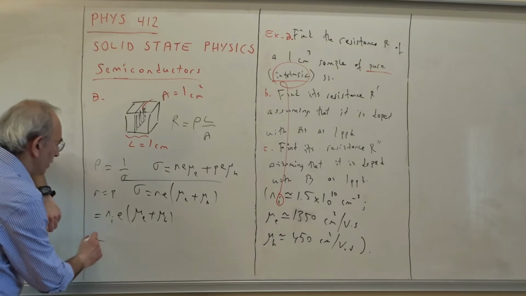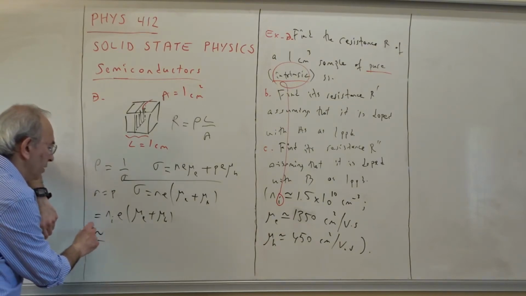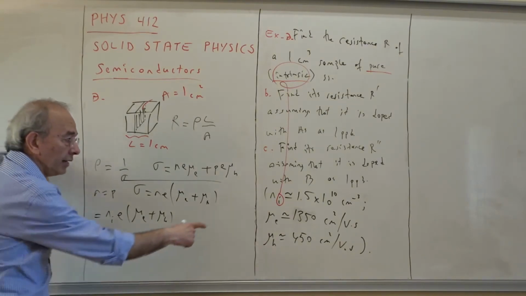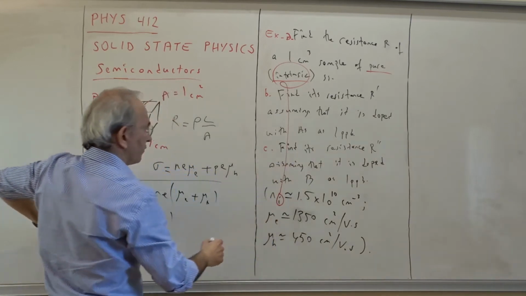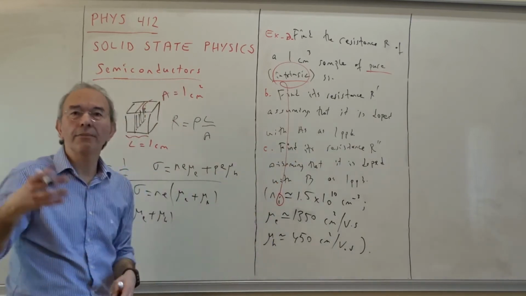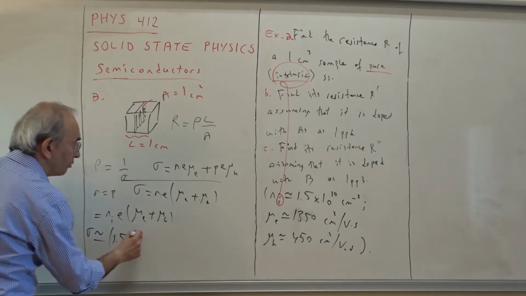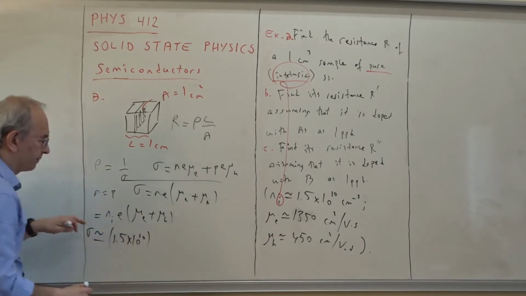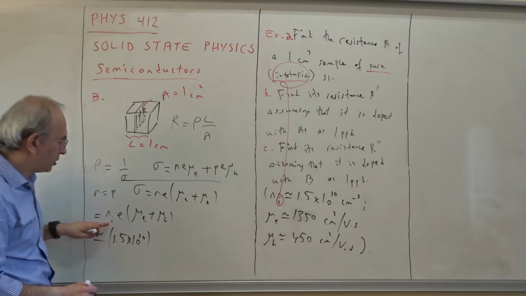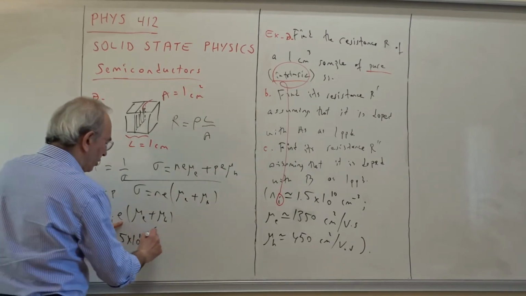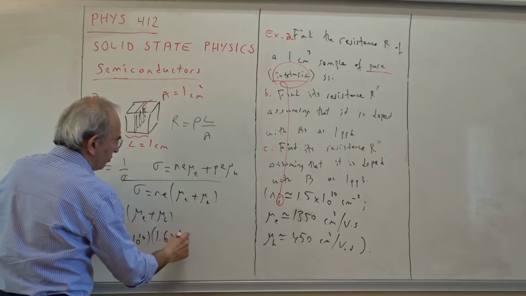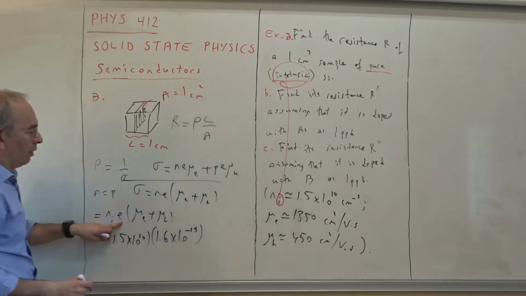For instance, here let me write sigma as Ni. What is Ni? 1.45 indeed, but let's take it as 1.5 times 10 to the 10 for the intrinsic concentration. What is the charge of the electron? 1.6 times 10 to the minus 19 coulomb.